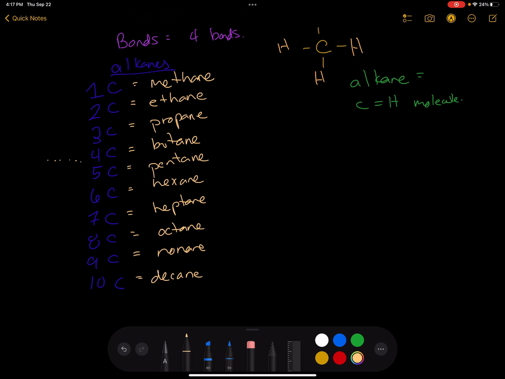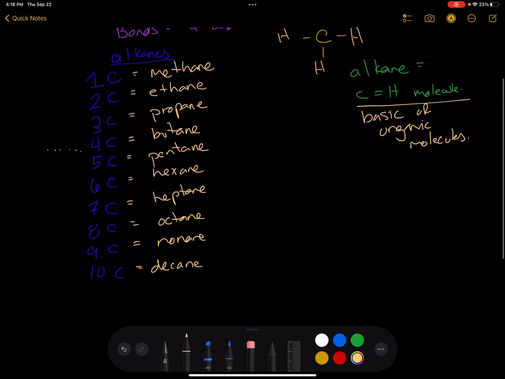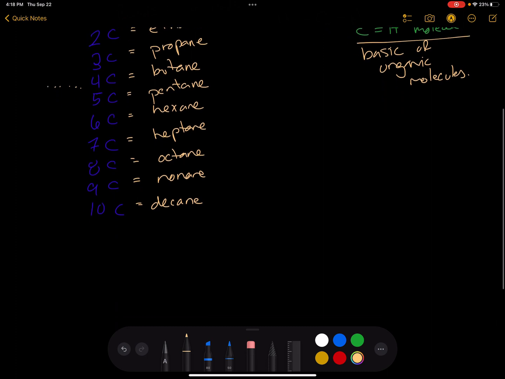And the reason we need to know our alkanes is because, as we said, they're carbon-hydrogen molecules that form the basis of organic molecules, or molecules that I'm going to see in living things. So if I start to see where these names come from, then you'll be able to understand how many carbons we're talking about.